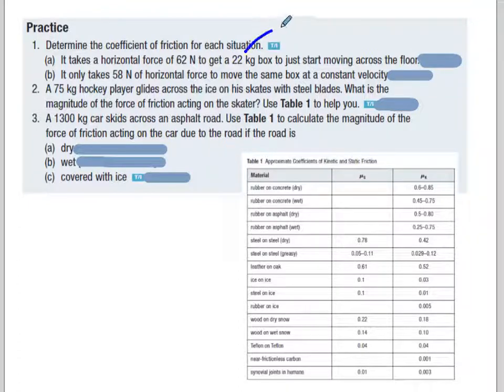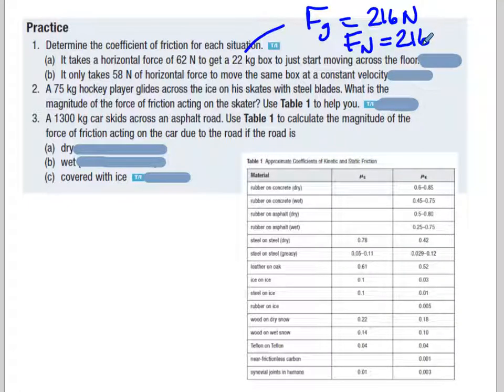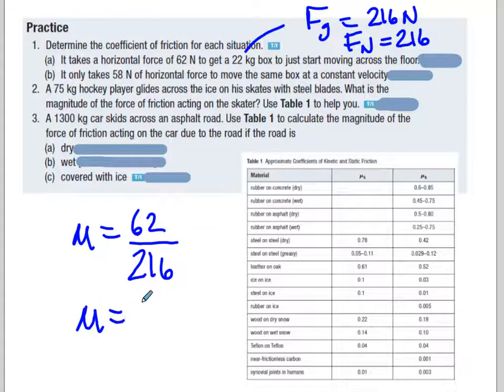So right away, that 22 kilograms leads to 22 times 9.8, so let's say 216 newtons Fg. If it's not moving, my normal should be the same. And then we should end up with 62 over 216, and 0.29 should be our mu for that.